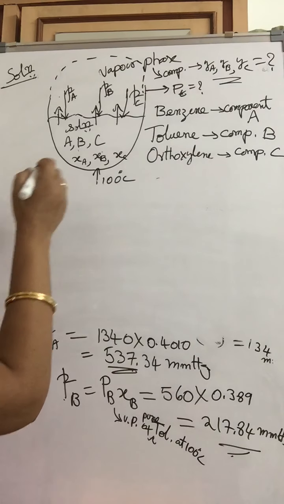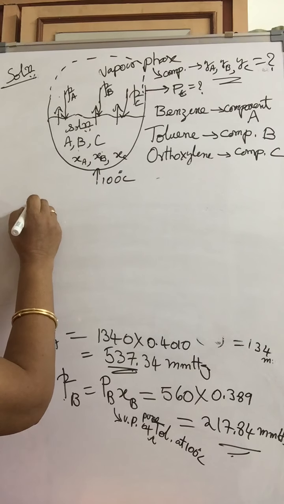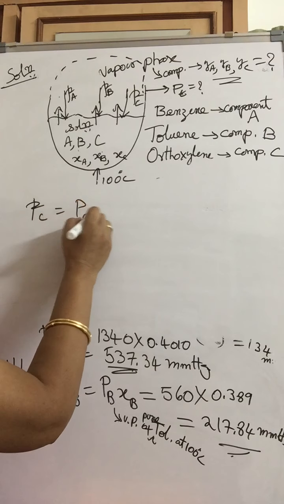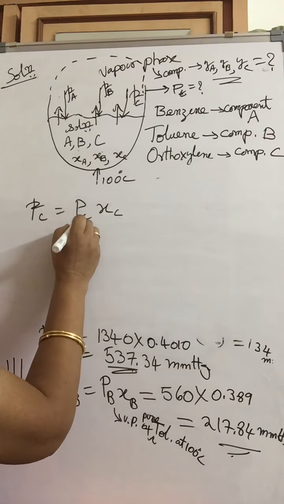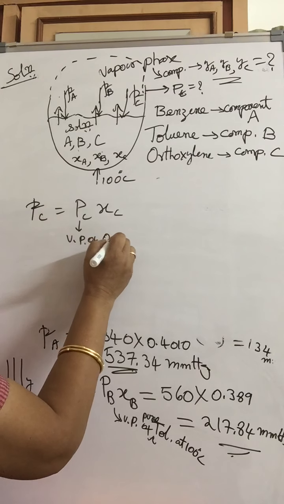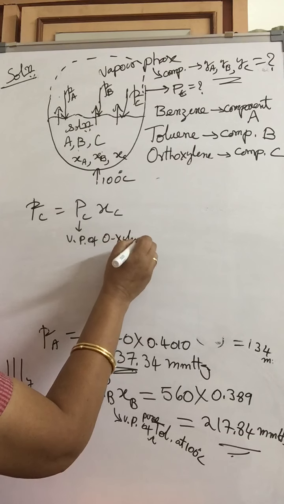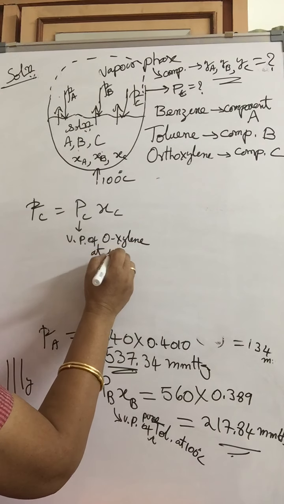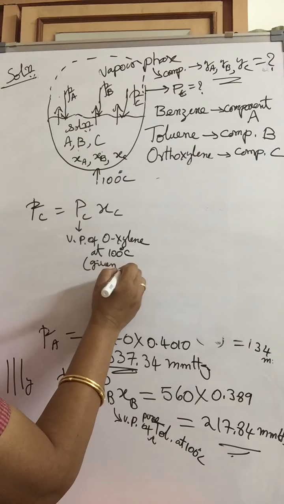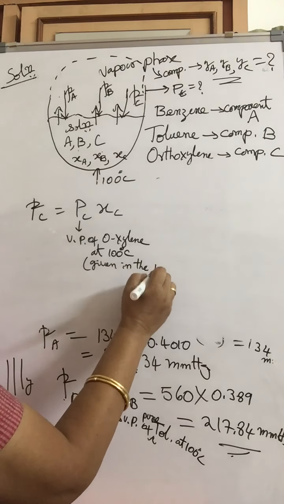Then PC, the partial pressure of C. PC is equal to PC° into XC. What is PC°? The vapor pressure of o-xylene at 100 degrees centigrade. This is given in the problem.